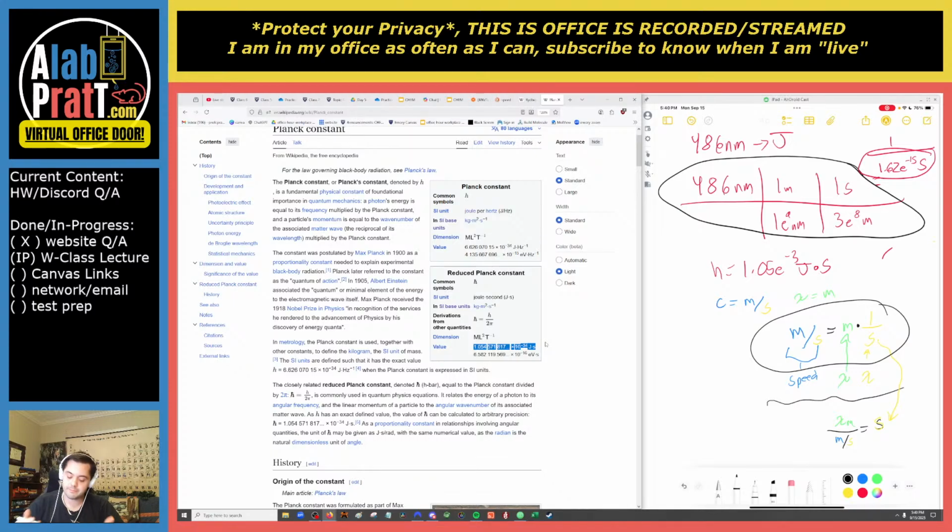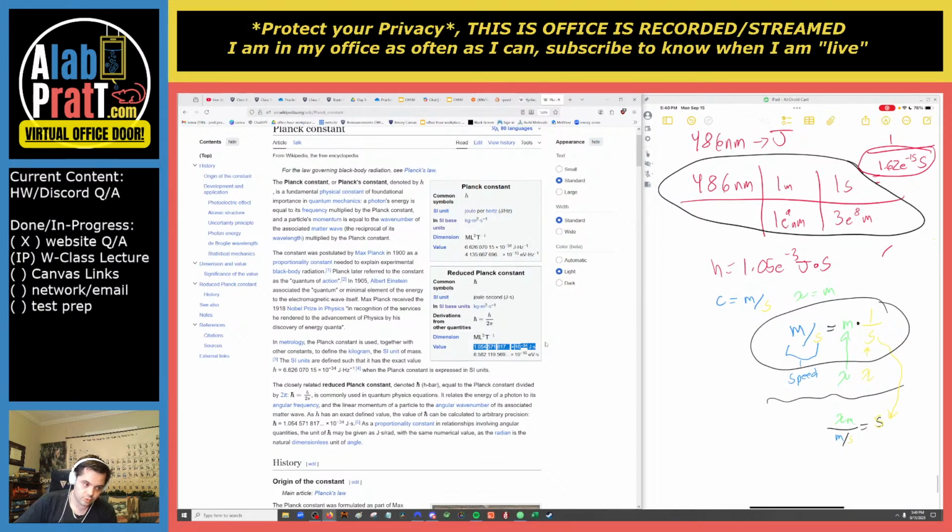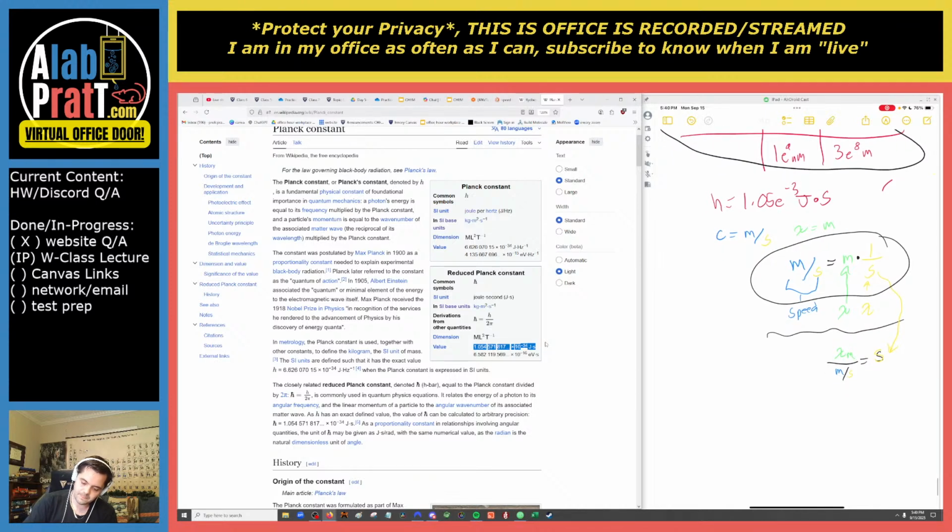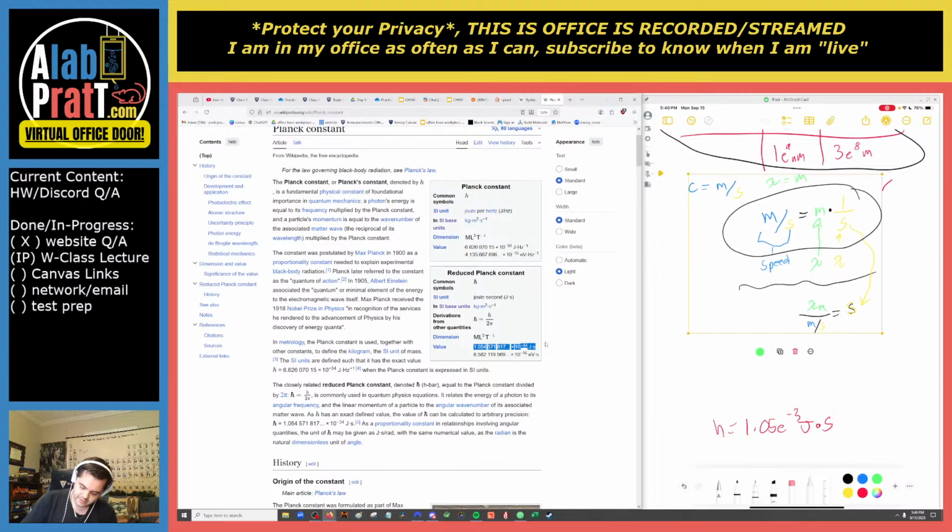I want to describe it in per second, so I'm just dividing it over 1 to get per seconds. And so then I'm going to go back to taking Planck's constant, and move that up.